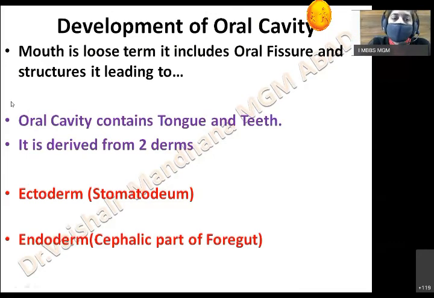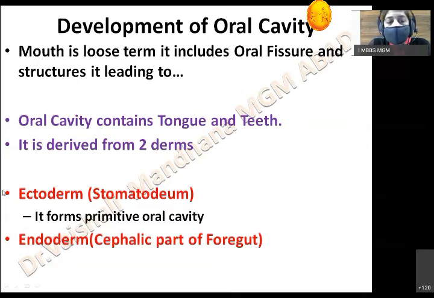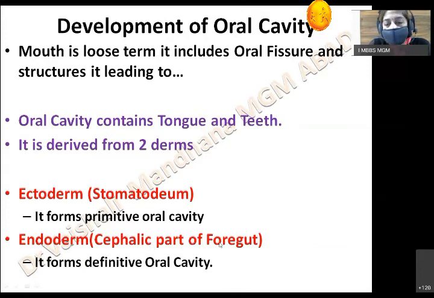Okay. Now remember, the oral cavity is derived from two derms, ectoderm and endoderm. Ectoderm component is derived from the stomatodium. It forms the primitive oral cavity. And then endoderm, which is derived from the cephalic part of the foregut, it forms the definitive oral cavity.